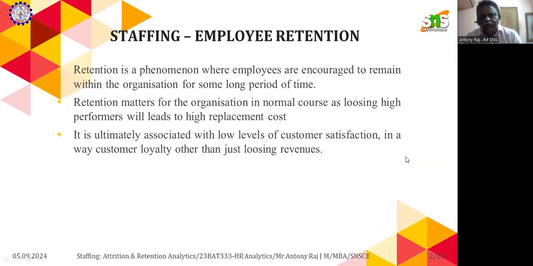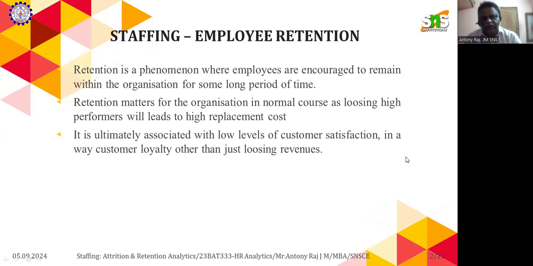Now this is your retention. Retention is a concept where employees are encouraged to remain within the organization for a long period of time. That is the key thing. Retention is very important because losing high performers will create multiple impacts, not only high replacement cost, but you're also going to lose customers.